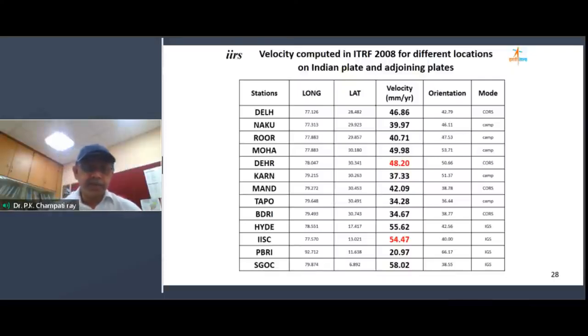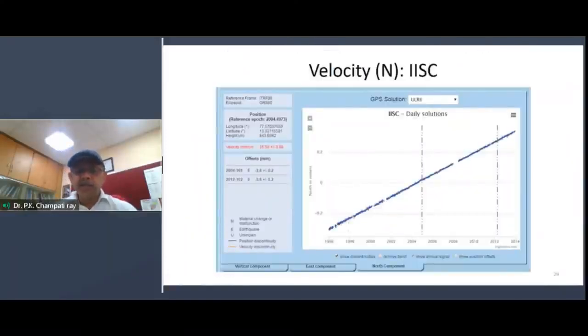So this also gives us a lot of information which is presented here, 46 millimeter to 58 millimeter, and it varies across the region. So this is how the IISc Bangalore shows from 1996. If you plot the data up to 2010 or 11, you see it is linearly, constantly moving.